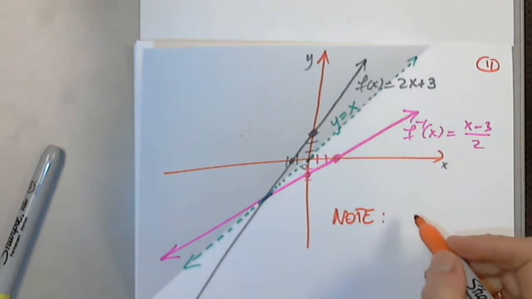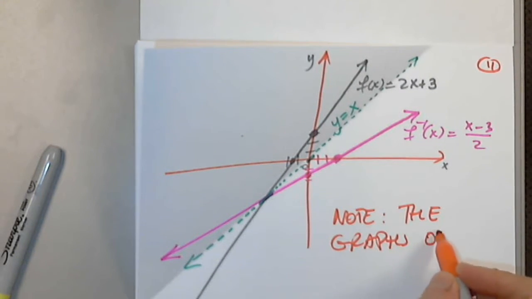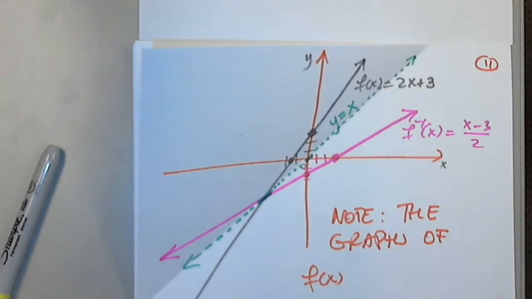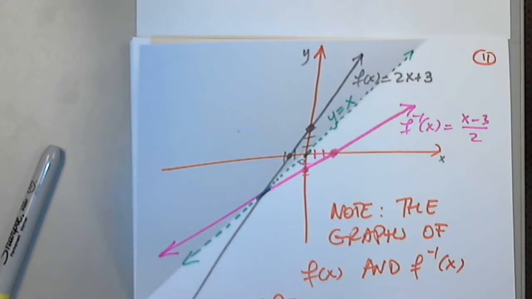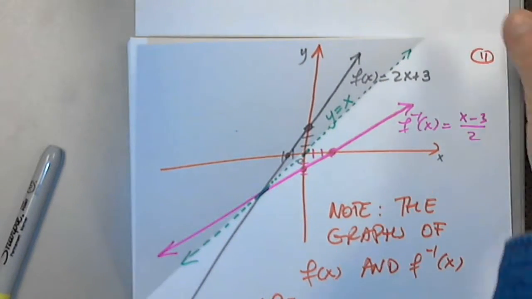This happens always. The graphs of f of x and its inverse are symmetric with respect to the line y equals x.